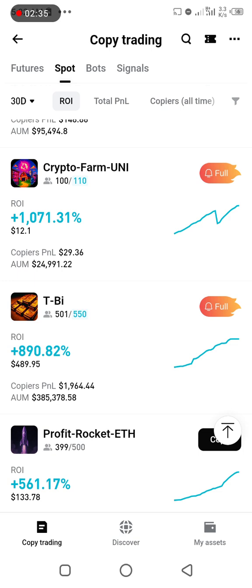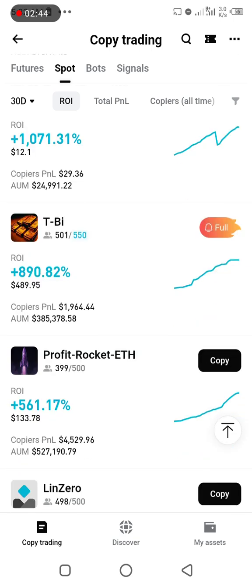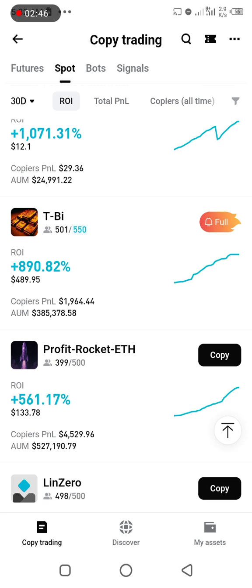Then he's full. You can't follow him because 100 people are already copying him on spot. The next person, second best person, is also full. His return on investment is 90.82%.